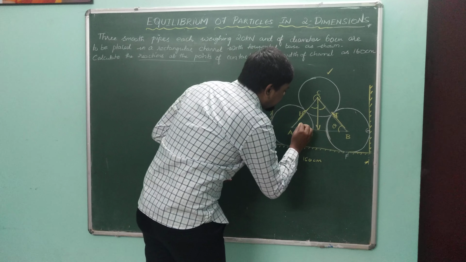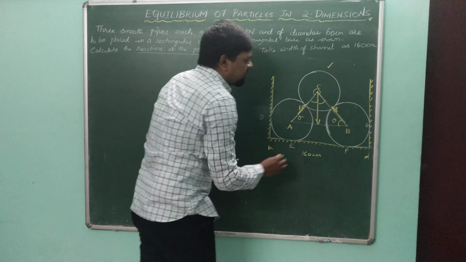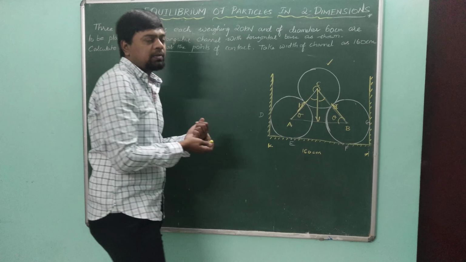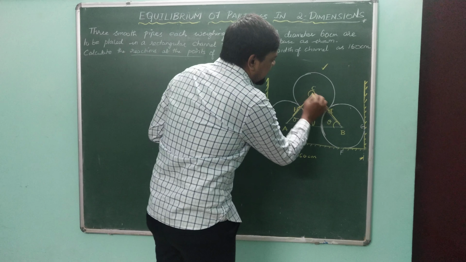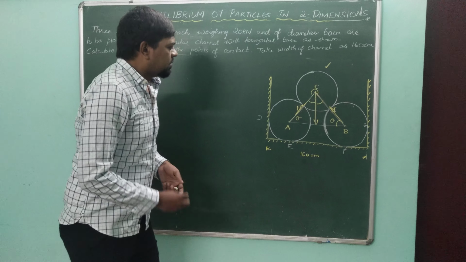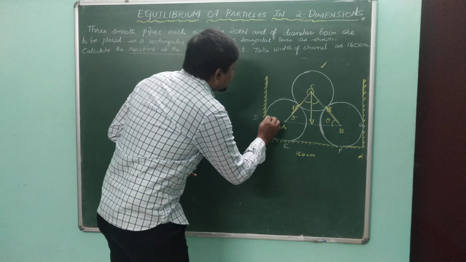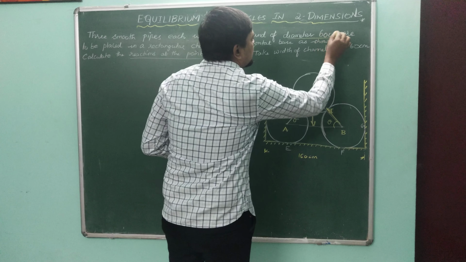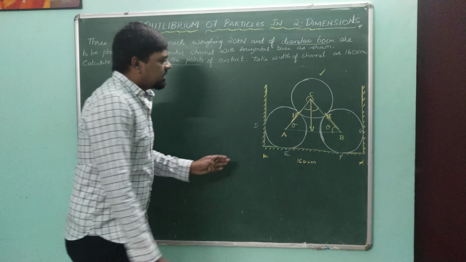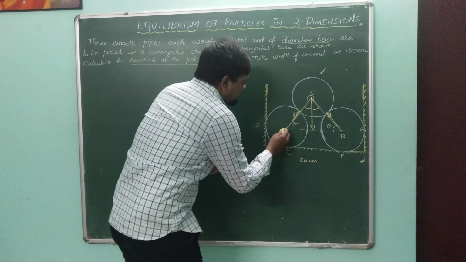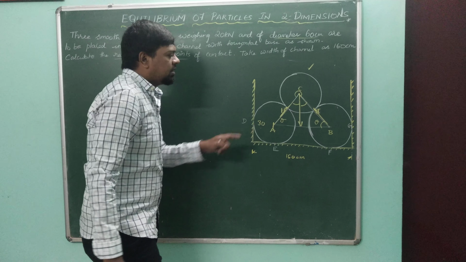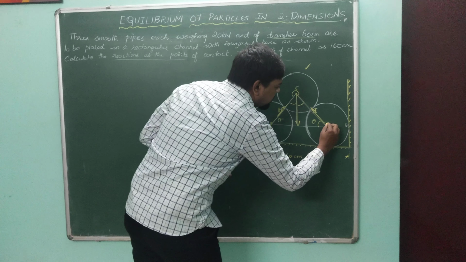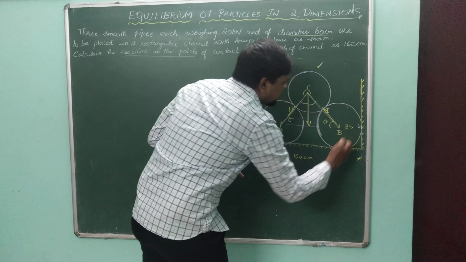This angle theta and this angle theta are going to be the same. If we know the side length, the diameter is 60 centimeter, so from here to here it is going to be 30 centimeter. Similarly from here to here, it is going to be 30 centimeter.